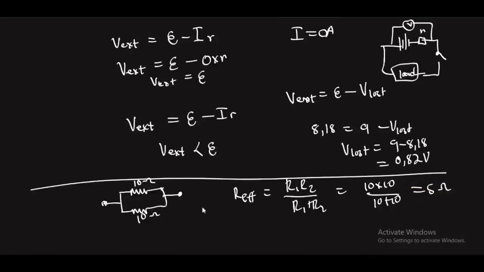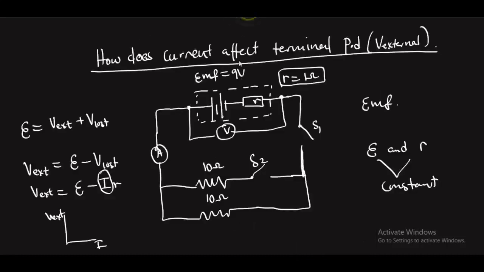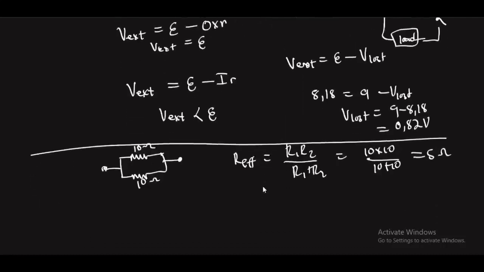So what happened? When I close switch 2, the external resistance is going to decrease. R external decreases, and we know that according to the relationship, I is inversely proportional to the resistance.